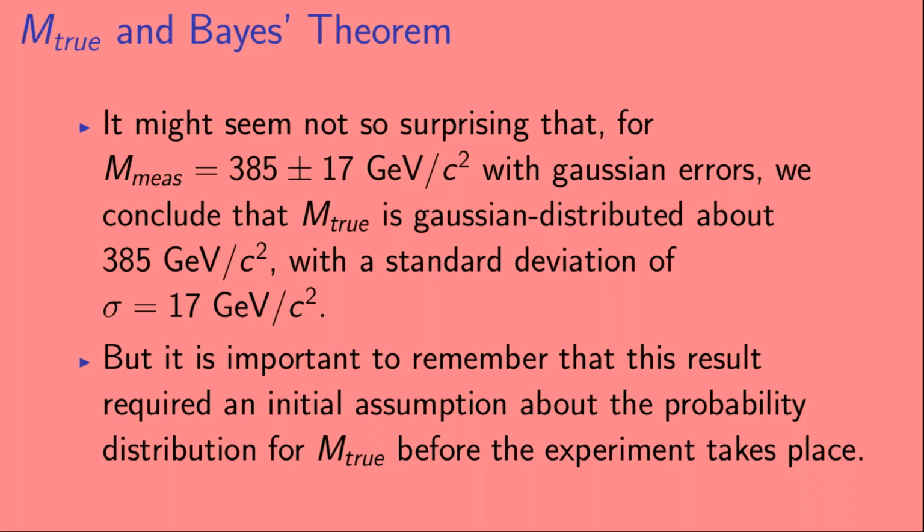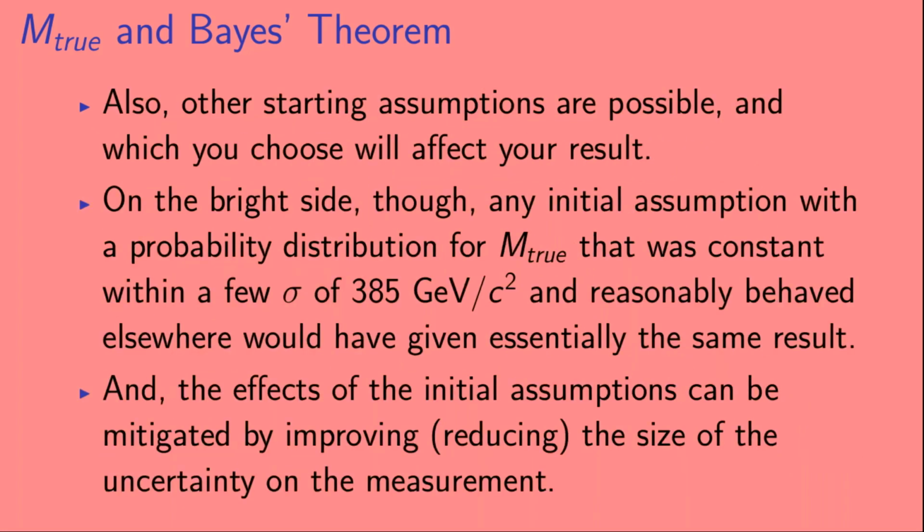But it is important to remember that this result required an initial assumption about the probability distribution for M true before the experiment takes place. Also, other starting assumptions are possible, and which one you choose will affect your result.